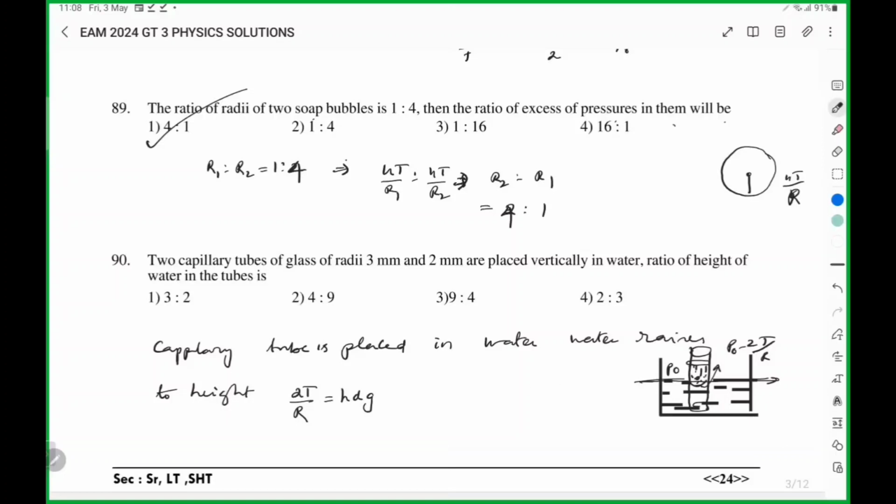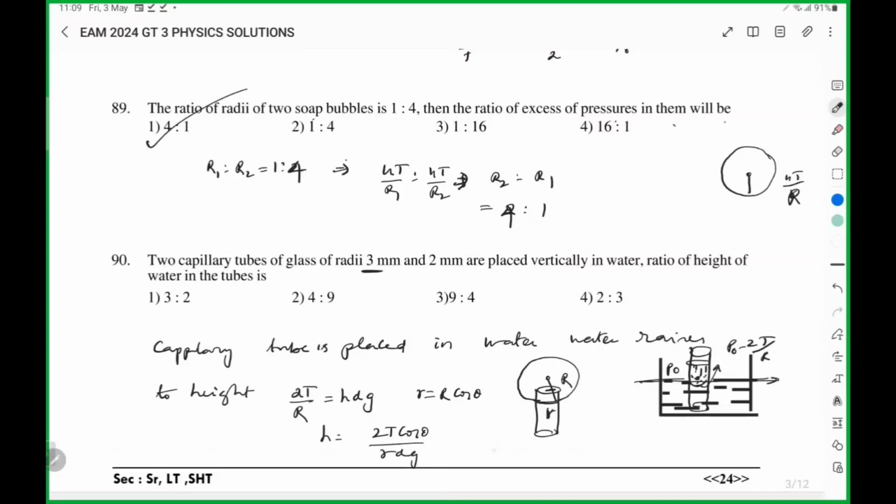Here, this water meniscus radius will be capital R, and small r will be the radius of the capillary tube. So r is equal to R cos θ, where θ is the contact angle, which gives h = 2T cos θ by rρg.